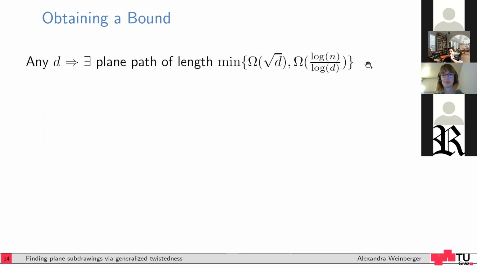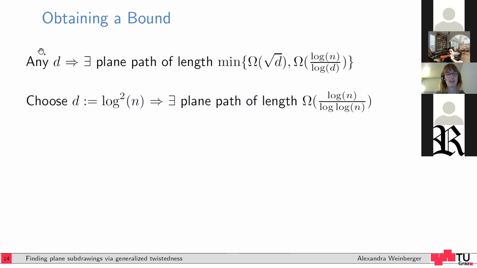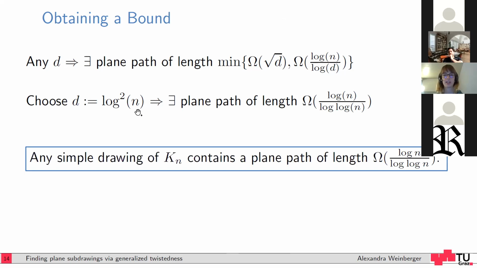So we have the minimum of this we always can find. And this was for any d. If we choose d correctly, which in this case means we want to have log squared of n, then we can show what we claimed in the beginning, that any simple drawing of the complete graph contains a plane path of length omega of log n over log log n.